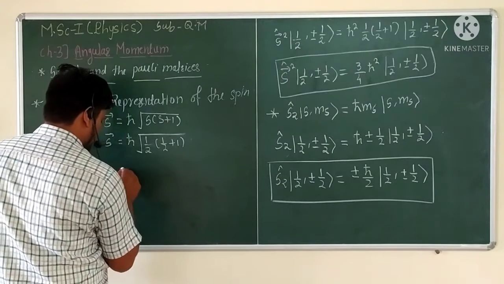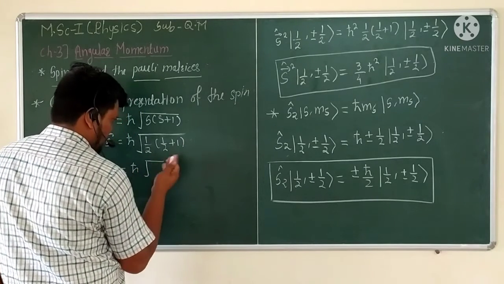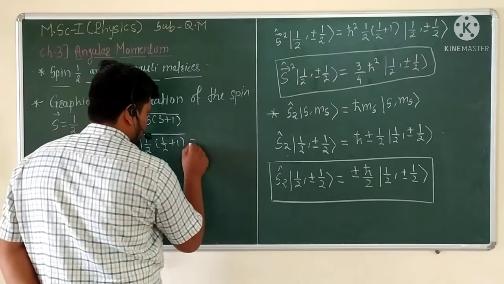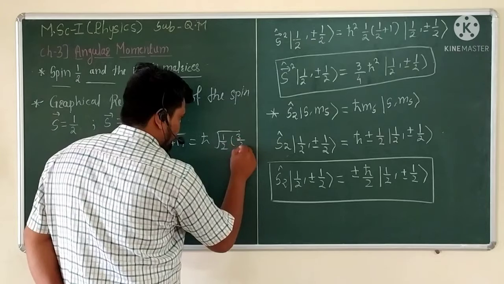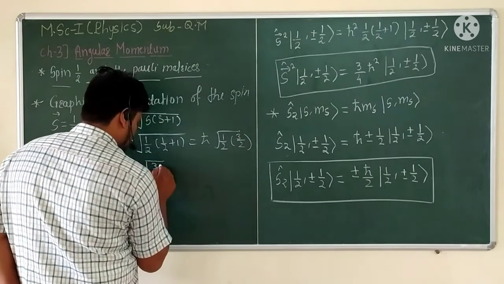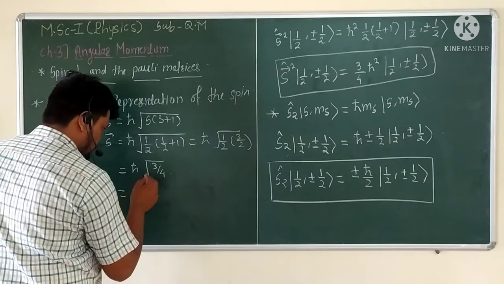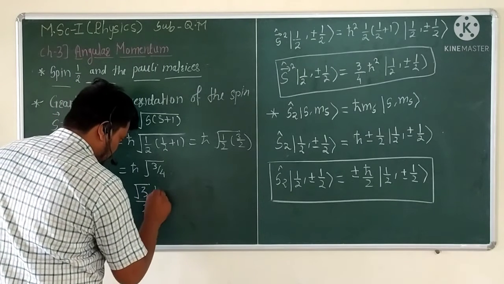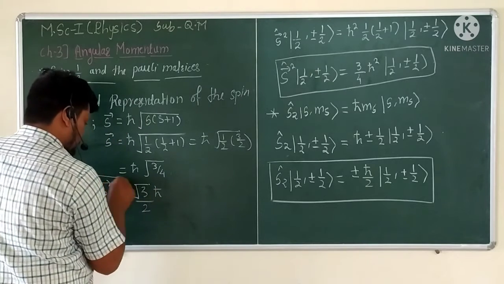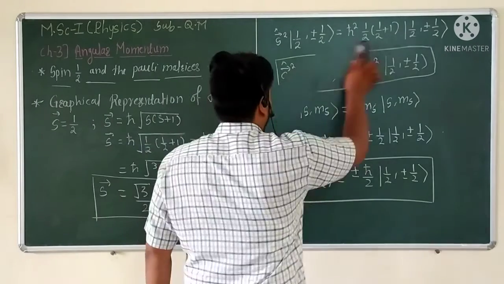This is h cross under root of 1 by 2 into 3 by 2, which is 3 by 4. So the final value of S bar is under root of 3 divided by 2 of h cross. Now let us see the graphical representation of this spin.